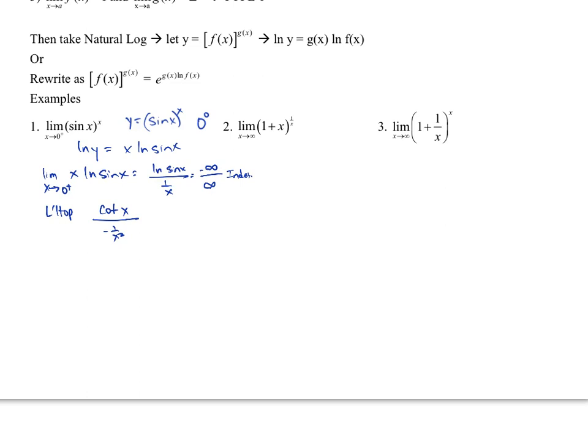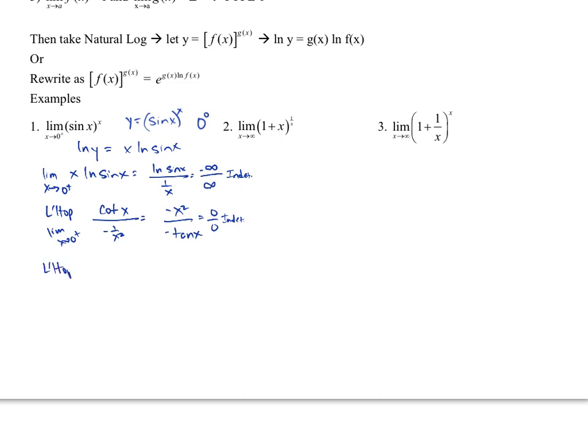If I rewrite this again, I can say that this is negative x squared over negative tangent x. I'm just putting it in stuff that you can understand. And if I put in the limit as x goes to 0 from the right, in this case I'll get 0 over 0 again, which is indeterminate again. So guess what I do? I L'Hopital again.